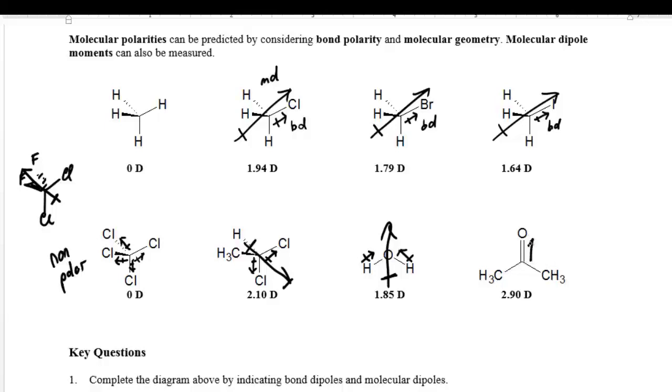And definitely we have a bond dipole in the direction of the oxygen, and overall a molecular dipole. And indeed, the dipole moment confirms that this molecule is polar. Okay, so that's how we would represent it, in a sense, based on knowing about the differences in electronegativity and focusing on the more polar region.